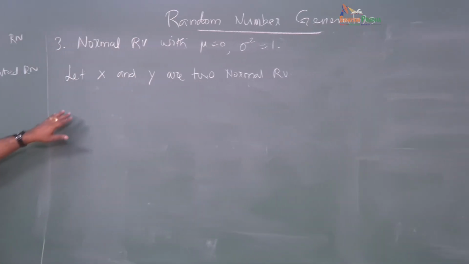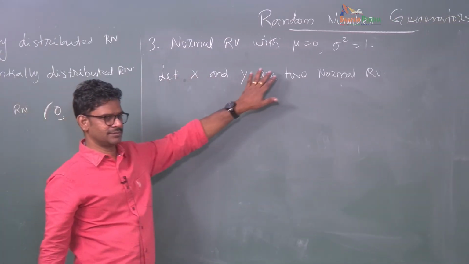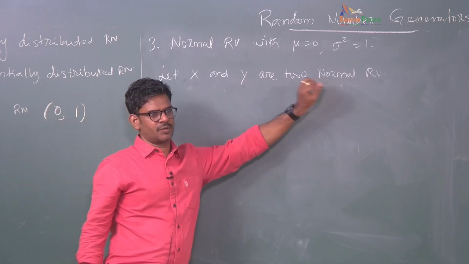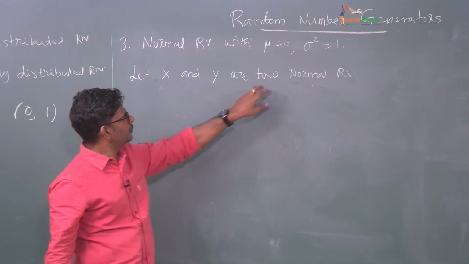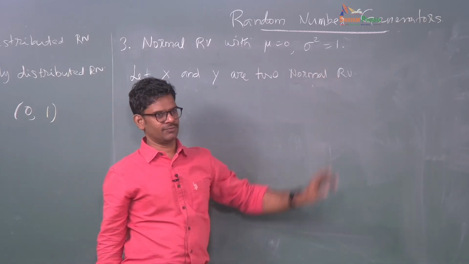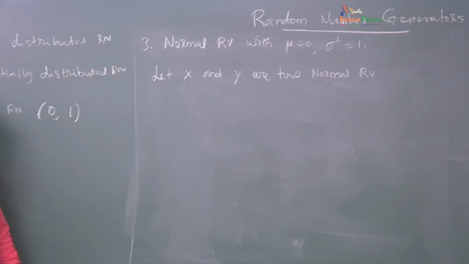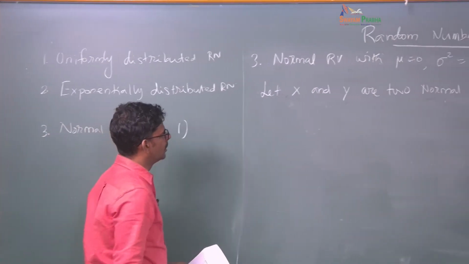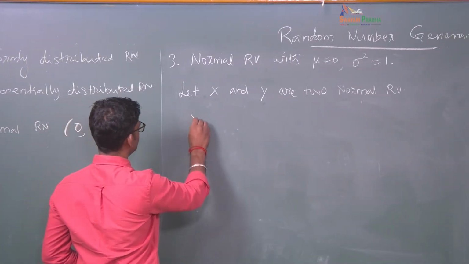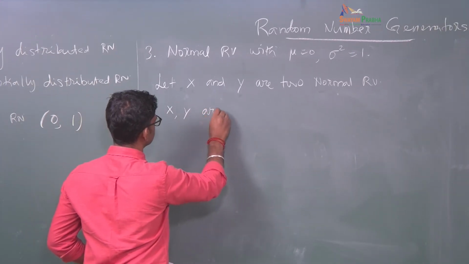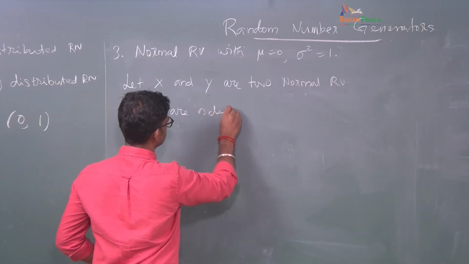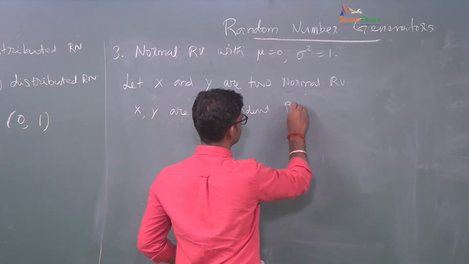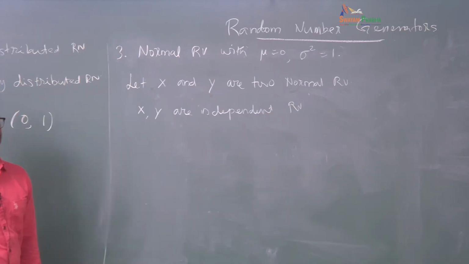So let's say we have two random variables x and y, and both of them are normal random variables, and they both have 0 mean and variance of 1. So that's perfectly fine. Now we say that x and y are independent random variables.